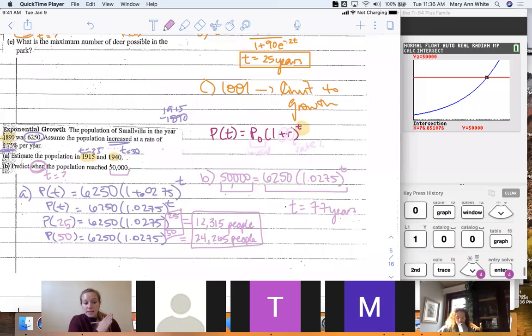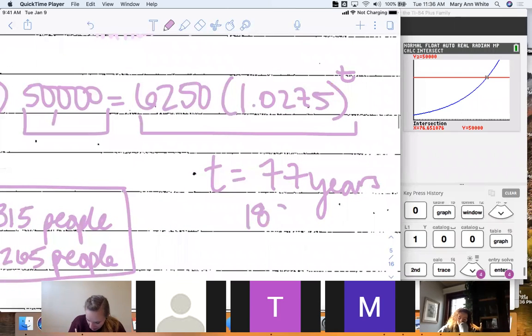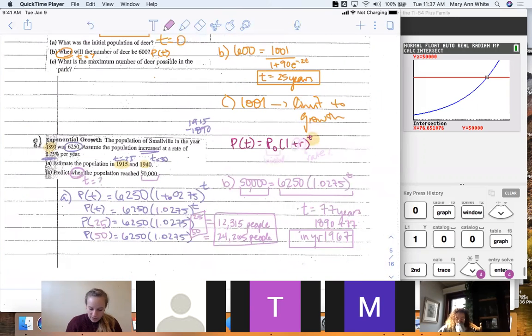So we can just do 1890 plus 77 and that will tell me exactly what year we got this in. So 1890 plus 77. And that gives me 1967. So in the year 1967, my population of Smallville will be 50 million, or 50,000.